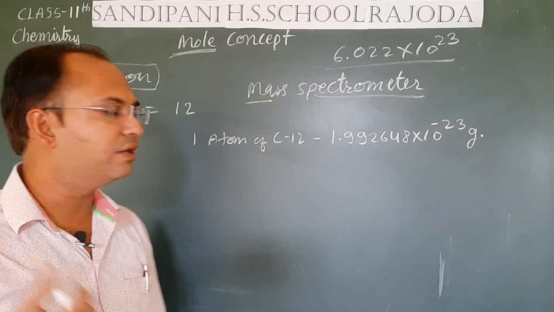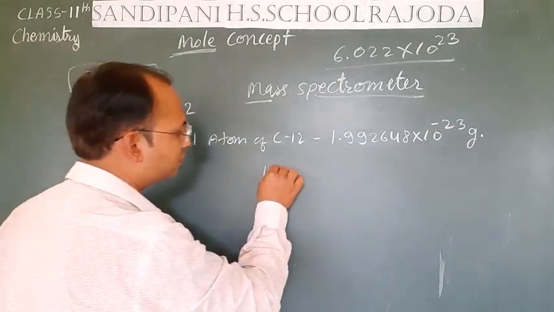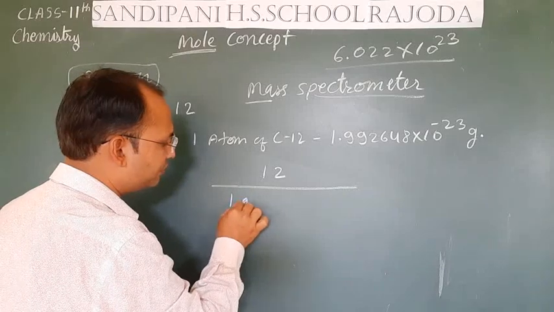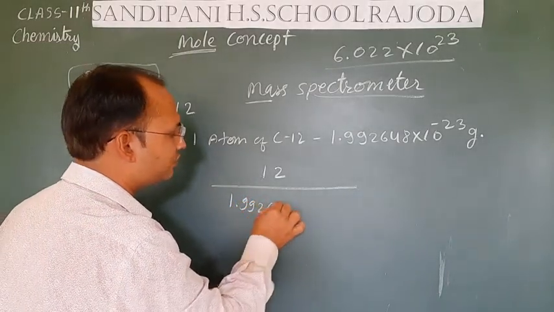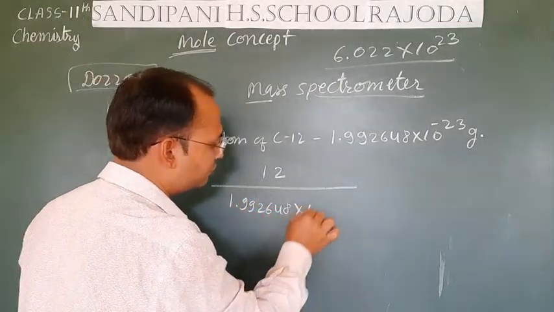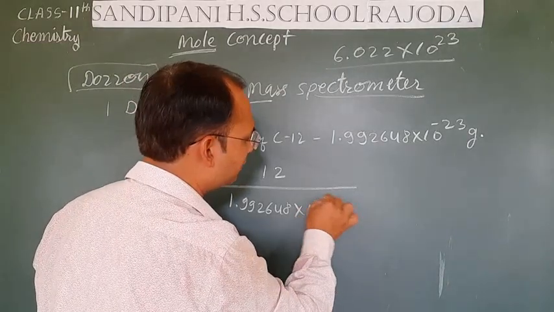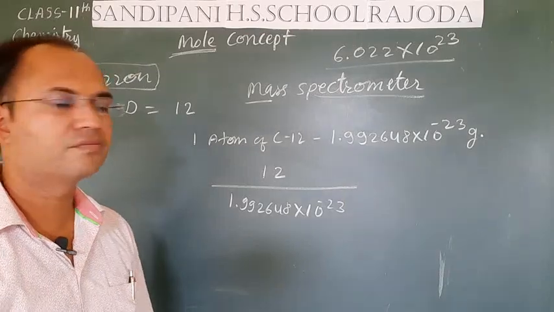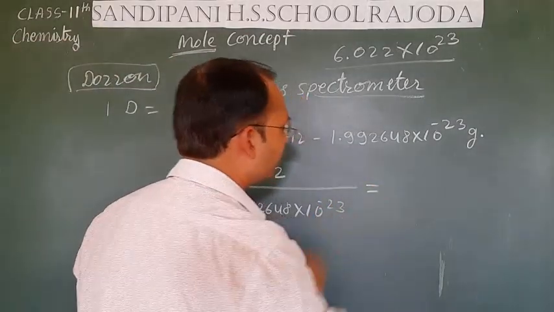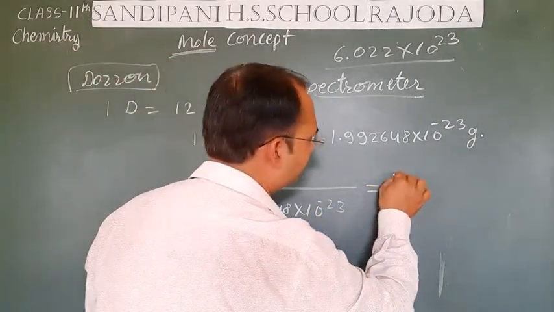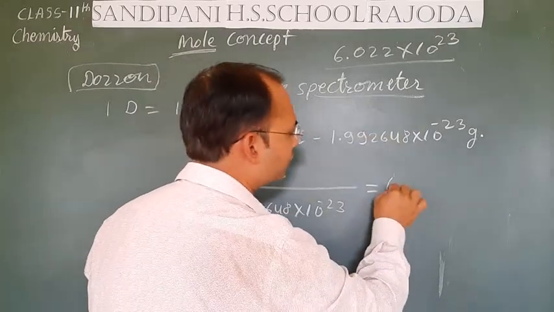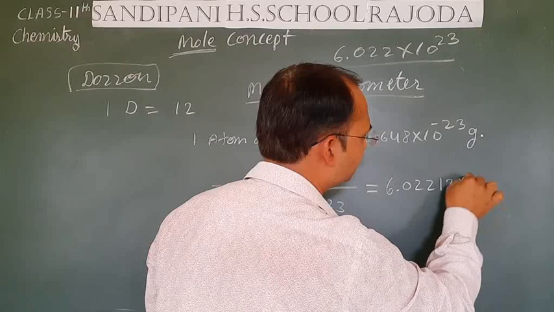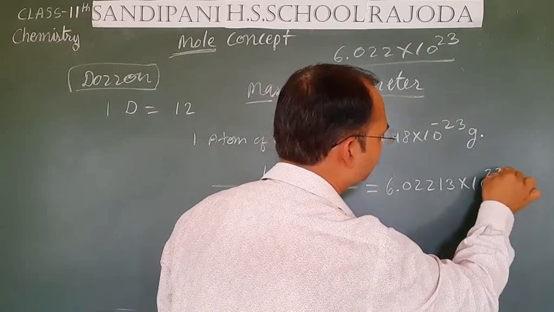Now the atomic mass of carbon is 12, and if we divide this 12 by 1.992648 × 10^-23, then we get a number equal to 6.02213 × 10^23.